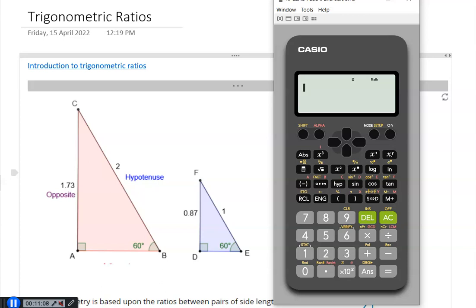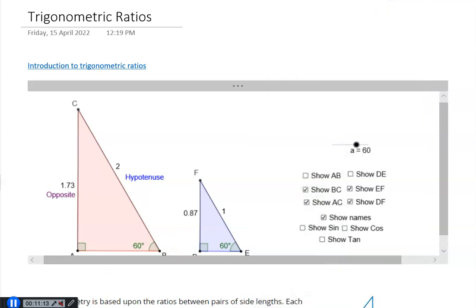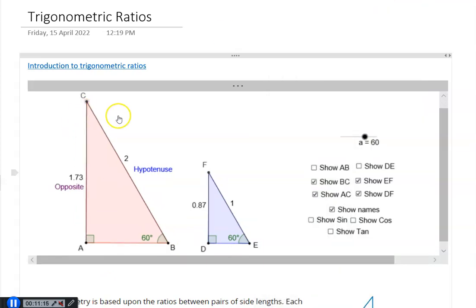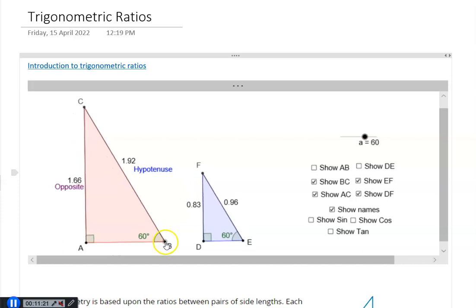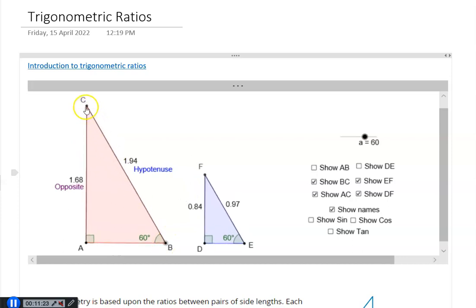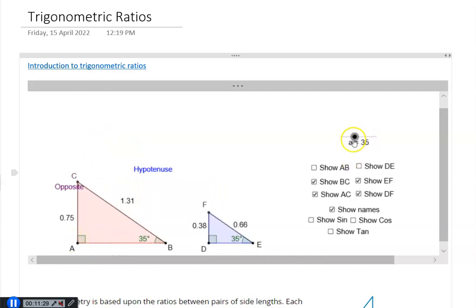So, let's play a little bit. Okay, I'm just going to change my triangle. I'm going to pick a different value.